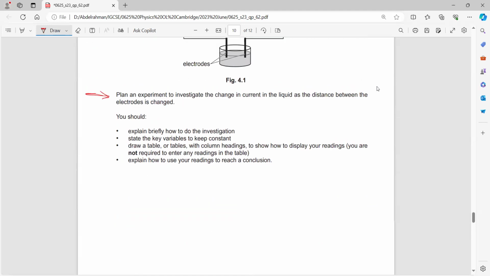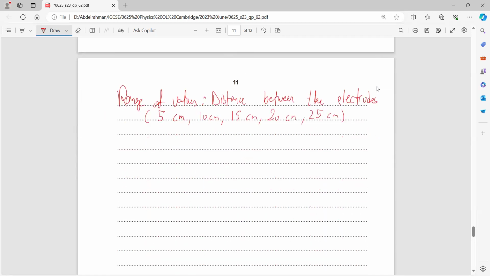What are the key variables? What are the controlled variables for this experiment? The material of the electrodes.